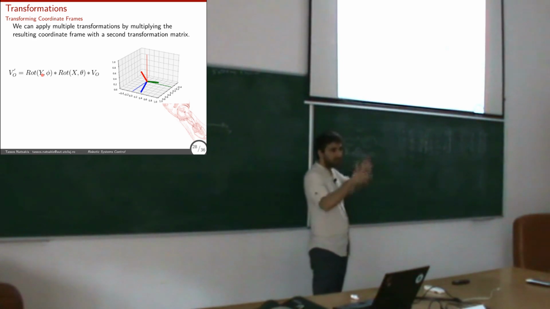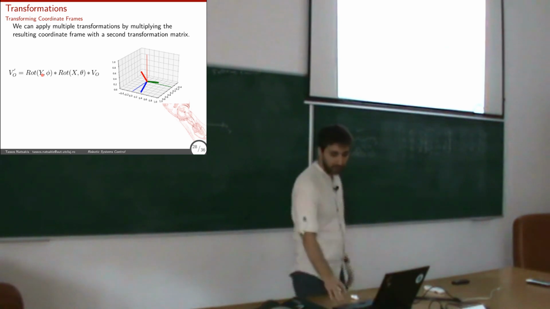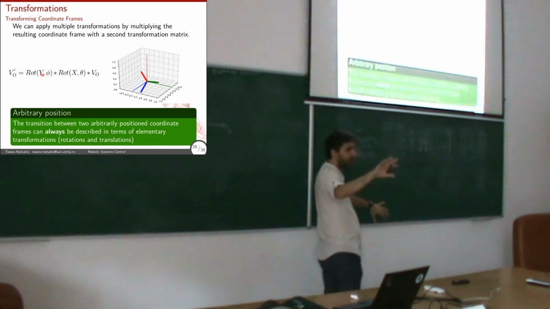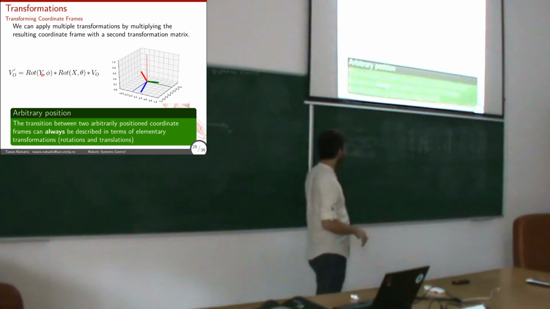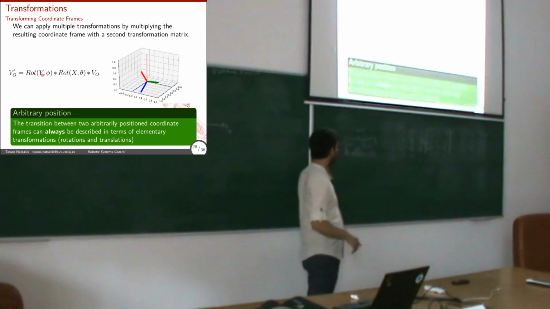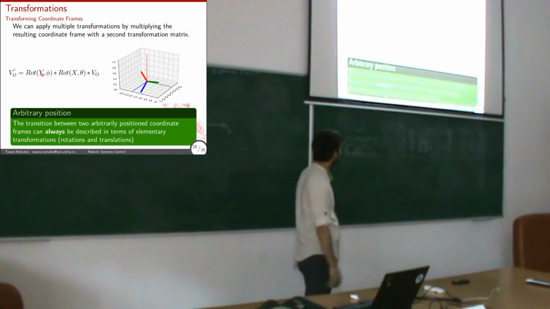So this will have some numbers there that will be as if I first multiplied from the left with this one and then by this one. So that's what I'm writing here, that basically any transformation from one frame to another can be broken down to simpler transformations around the basic axes. Okay? And the inverse. Simple transformations around the basic axes can be composed into another, more complex one.